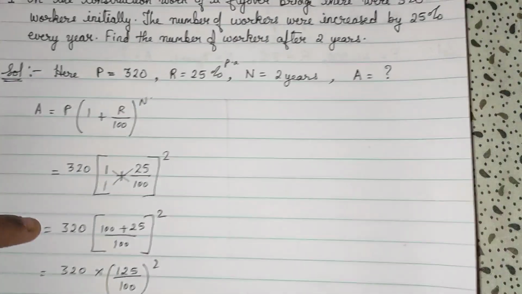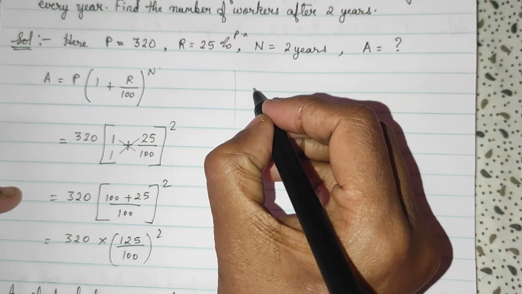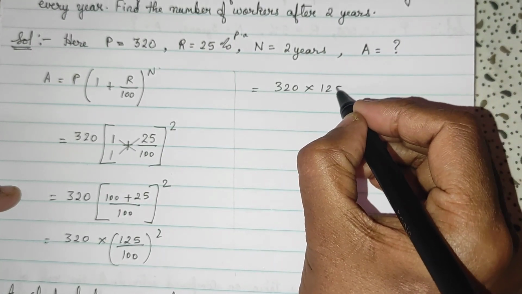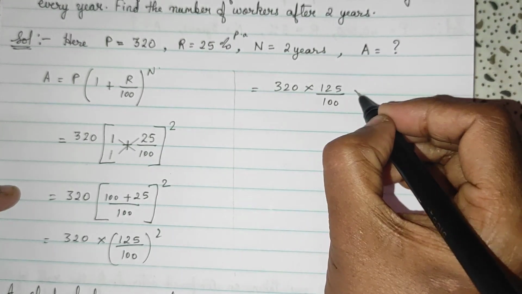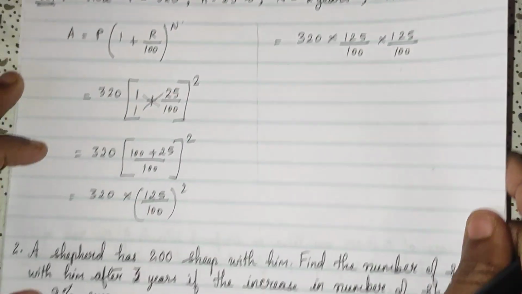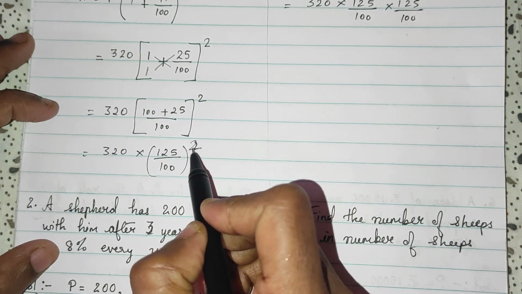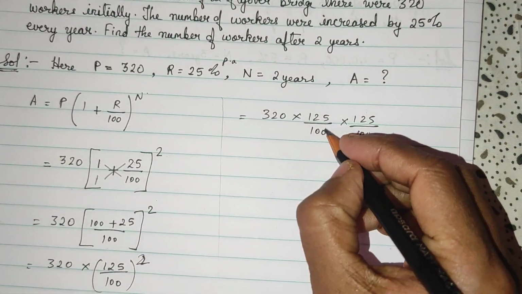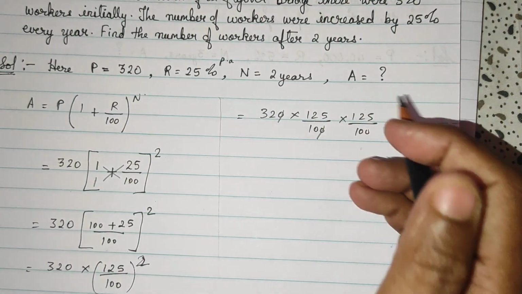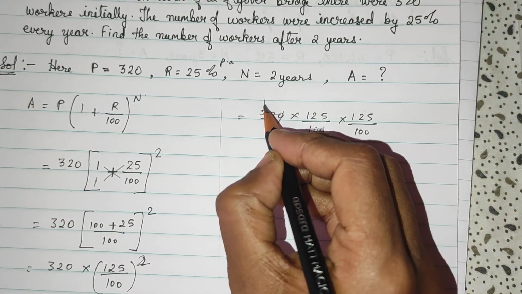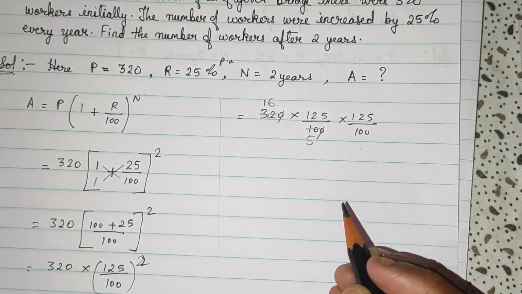So that means we have 320 multiplied by 125 upon 100 into 125 upon 100. Why twice? Why did we write it 2 times? Because here it was raised to 2. So now cancellation. 0 and 0 cancelled. Now 2 5s are 10, 2 1s are 2, 2 6s are 12.